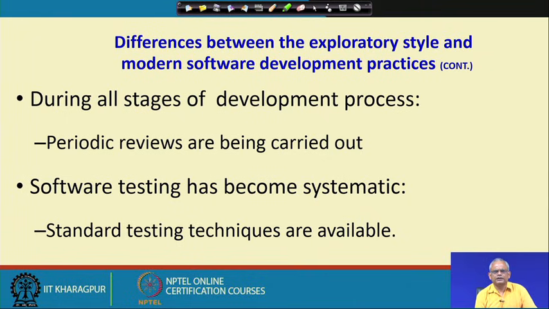The main idea behind review is to detect errors as soon as they are committed by the programmer. Do not wait for the error to be detected during testing. Reviews help us detect errors much earlier, and this is an efficient way to detect errors and therefore reduces the cost and time of development.